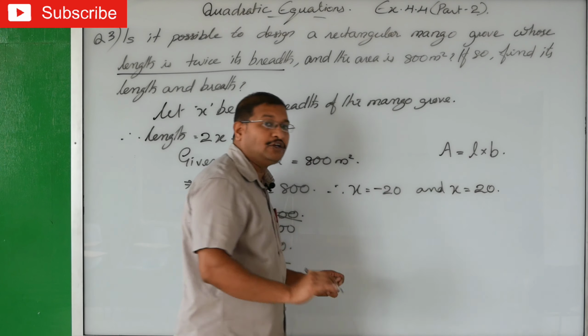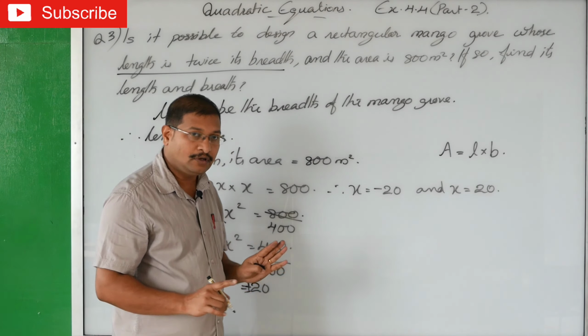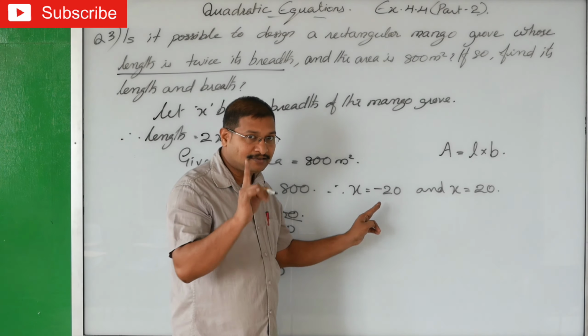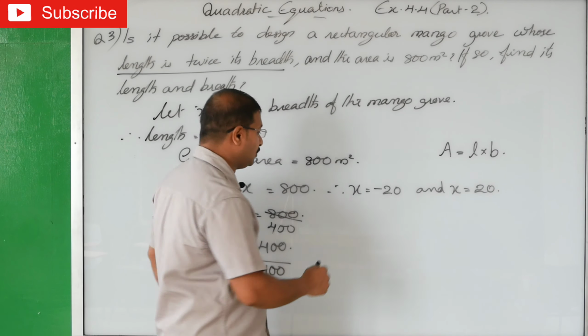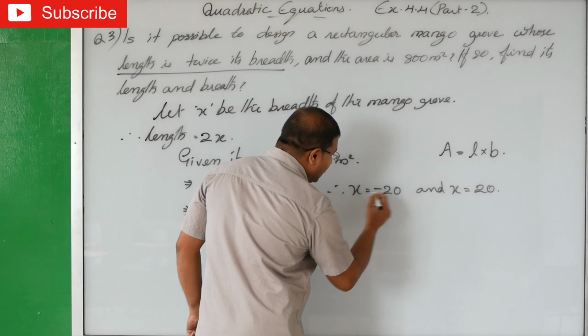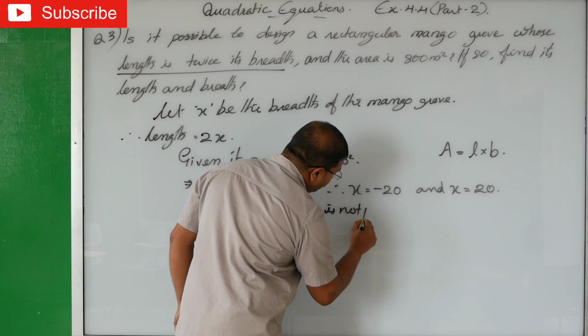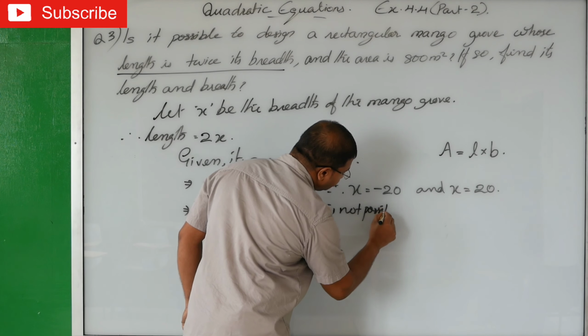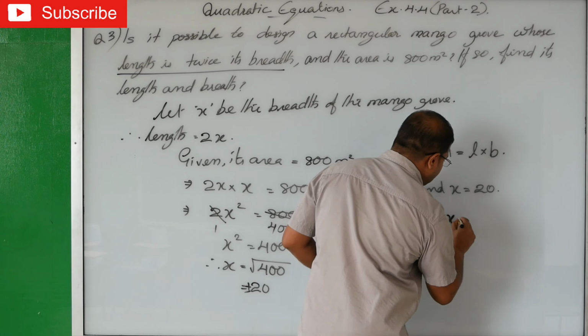But we know that the field should not be negative length, isn't it? The breadth or the length. But we know that the dimension should not be minus for a field. That means what you will do? X equals minus 20 is not possible. Therefore, that means x equals 20.